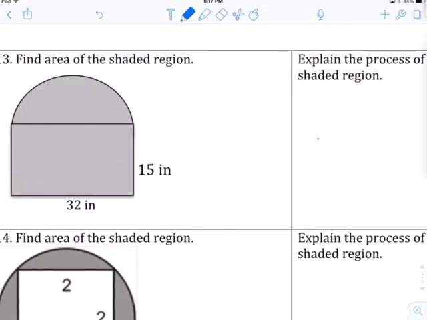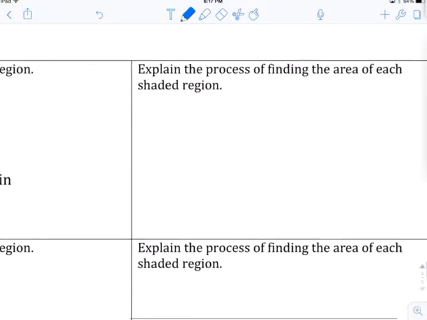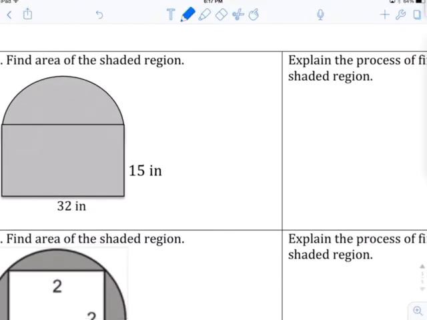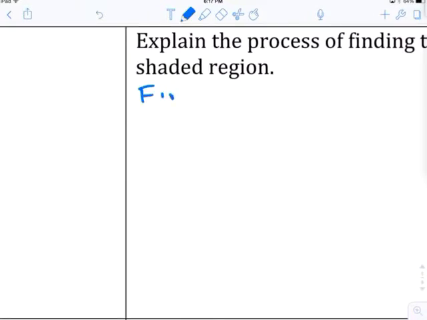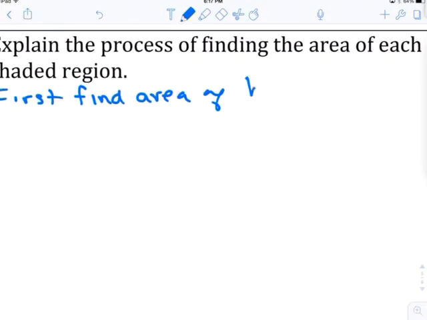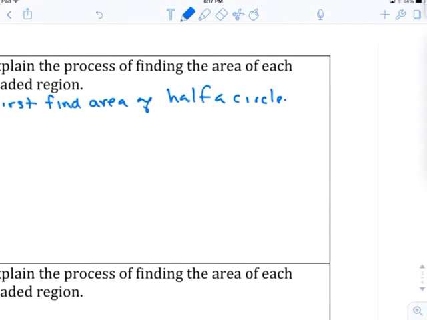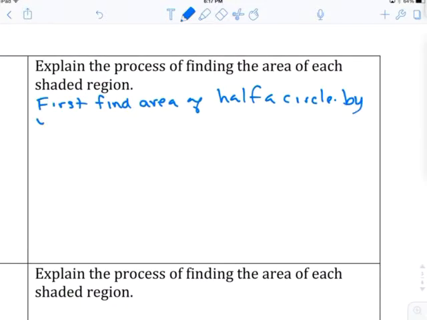Find the area of the shaded region. Explain the process of finding the area of each shaded region. Okay, let's first find the area of half a circle by using pi r squared divided by 2.